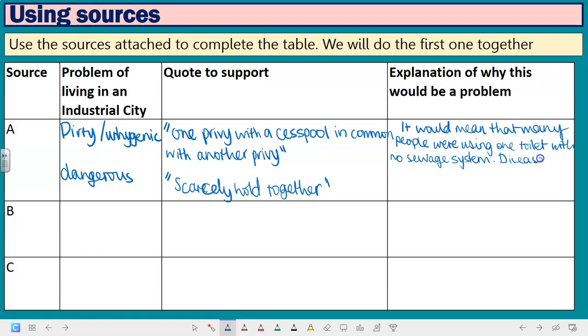So we can assume that disease would spread quickly.